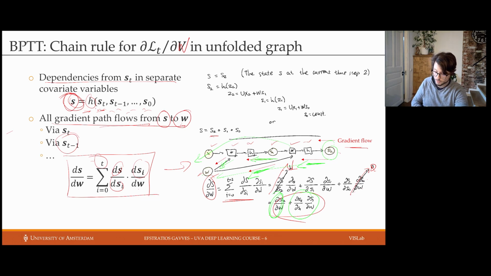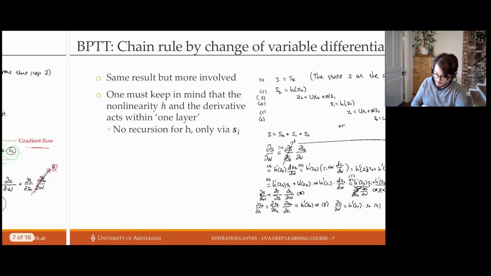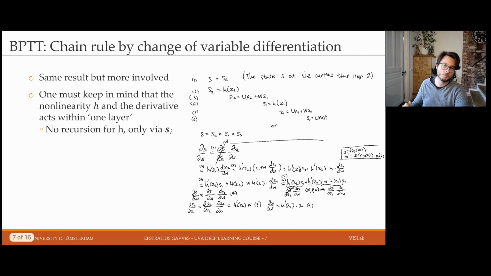What we can do instead is compute the gradients with the standard change of variable differentiation. So we treat the function as a nested function, a recurrent function, and we can just apply the chain rule as per usual. We will obtain the same result, but it's a bit more involved.